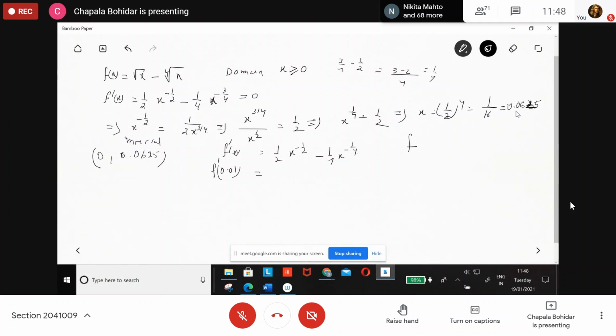Positive, ma'am. No, you are wrong. It is 1 by 2 root of 0.01, then 1 by 4, that is fourth root of 0.01.